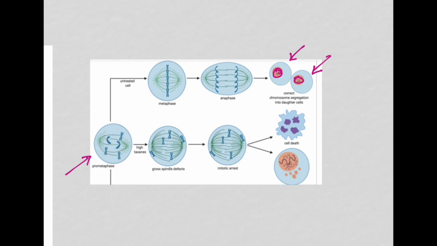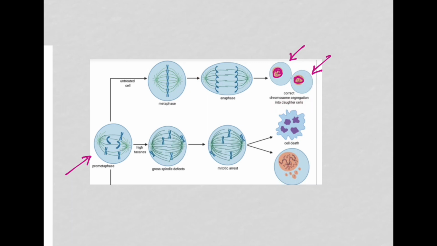The genetic material is going to separate into two equally. These things are called spindles, right? The chromosomes attach to the spindles and are dragged to two different parts of the cell, and then it's going to divide into two daughter cells.